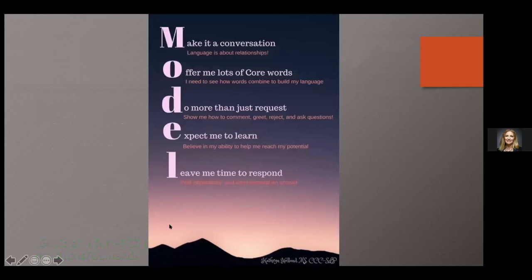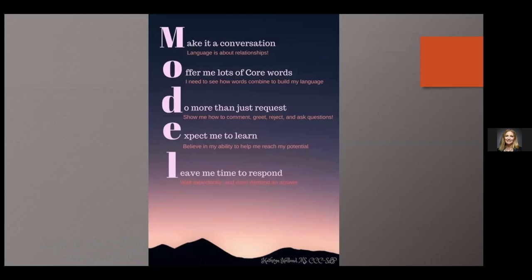So when we're talking about modeling, we want to make it a very good conversation. We're going to talk about how important core words are, and that when we go to programming the iPad, we want to make sure that core words are embedded. It's not about, oh, but my kids cannot read, or my kid is very low, or things like that.